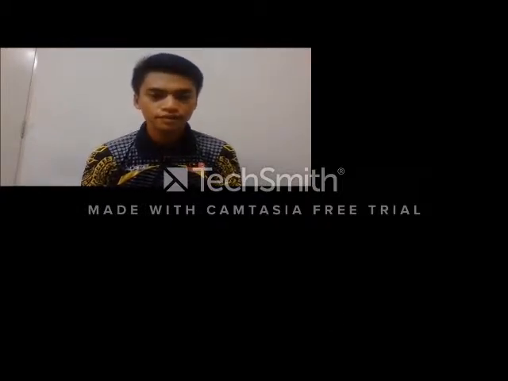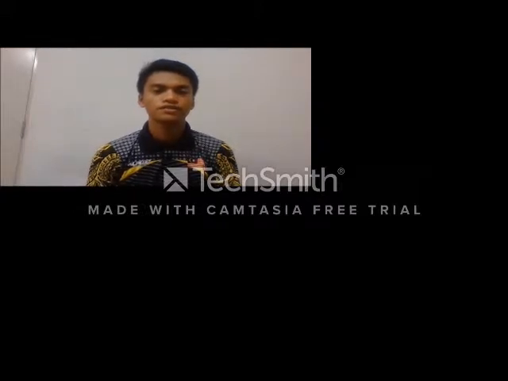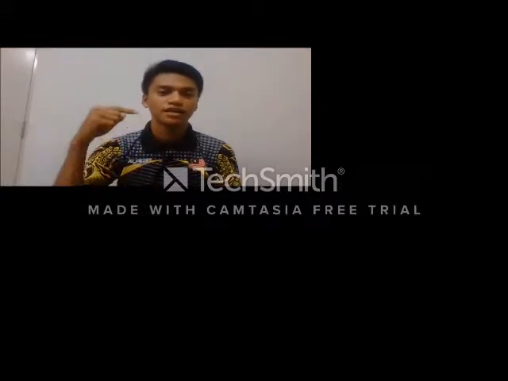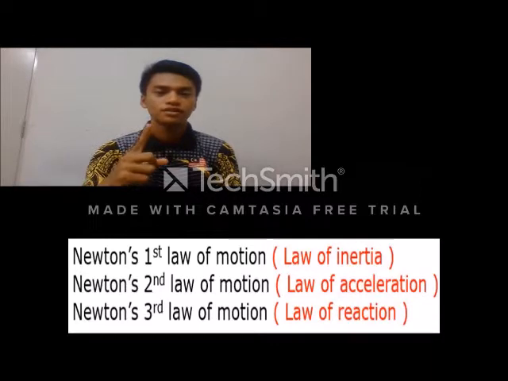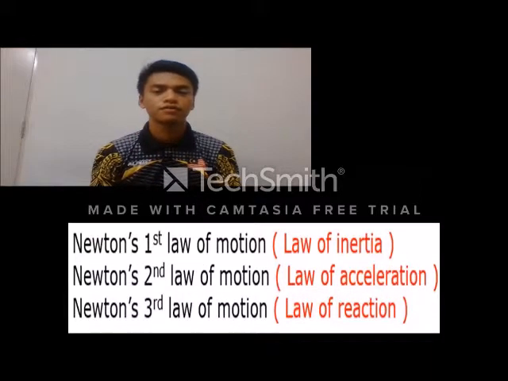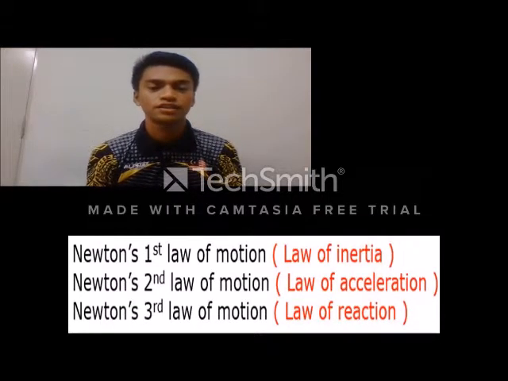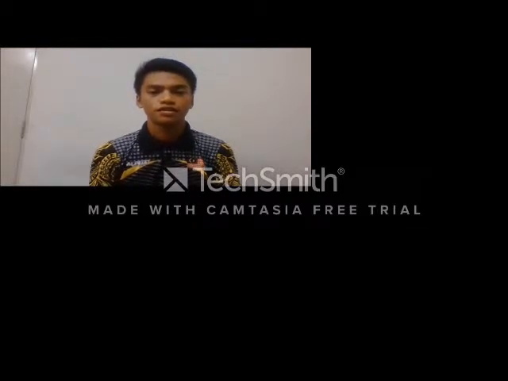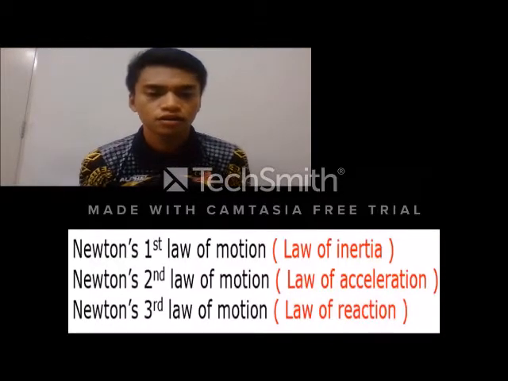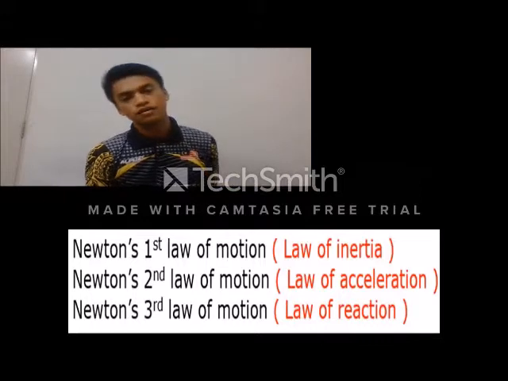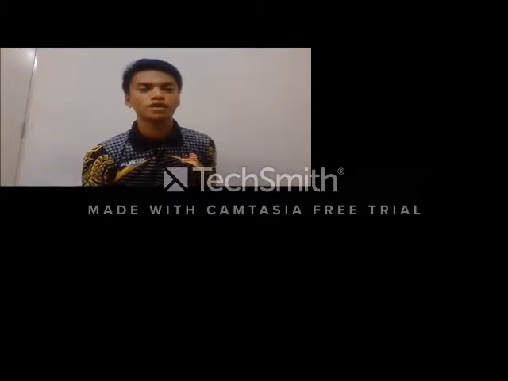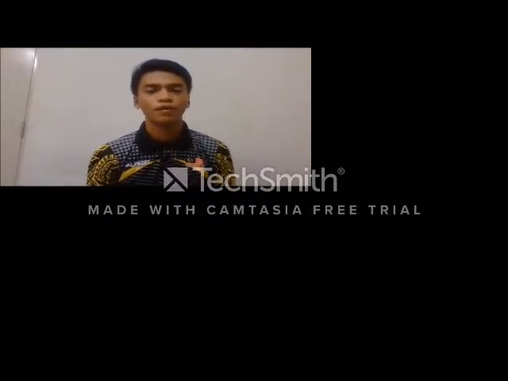Newton's laws of motion consist of three. First, Newton's law of inertia. The second law of motion is the law of acceleration. The third Newton's law of motion is the law of friction. We will go through them one by one.